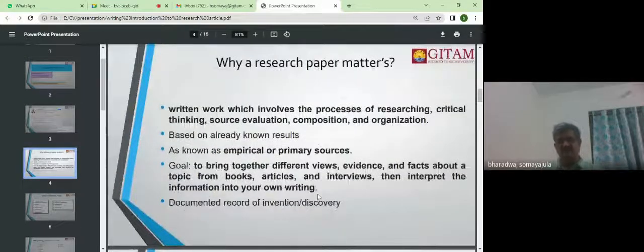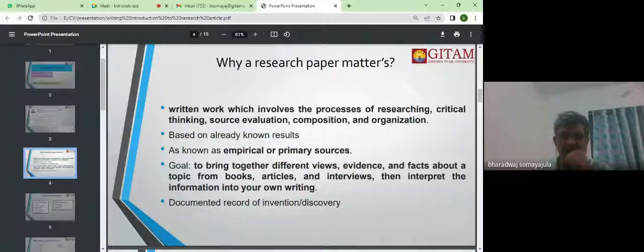Why research papers matter to me is that they give me insight into critical thinking. They give me some sort of evaluation, your composition, your organization structure. Basically, it tells you how to design a material when I am thinking about particular applications.